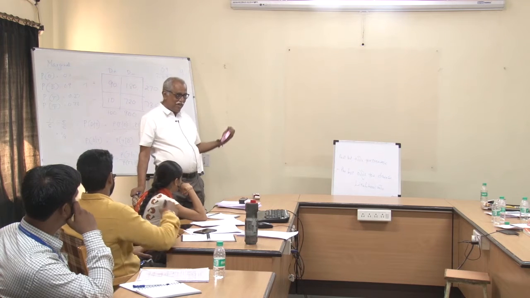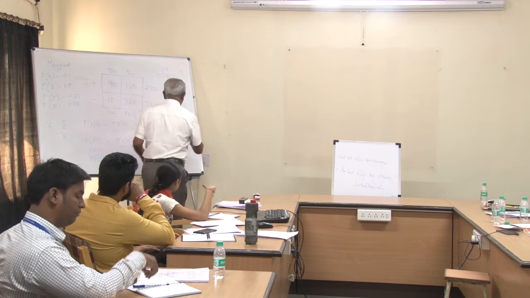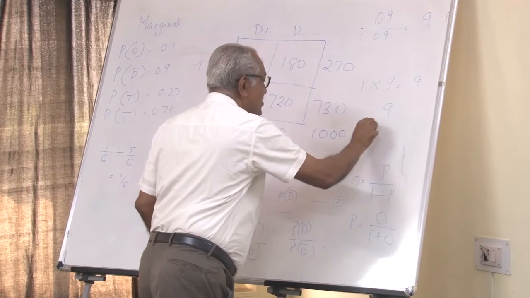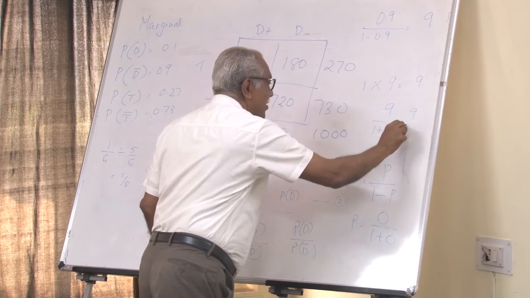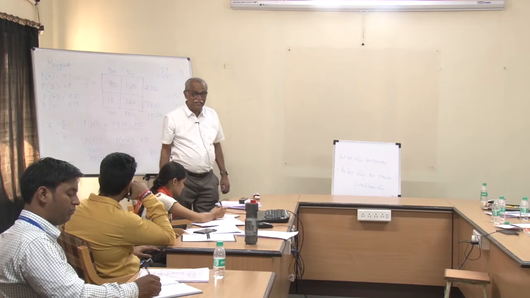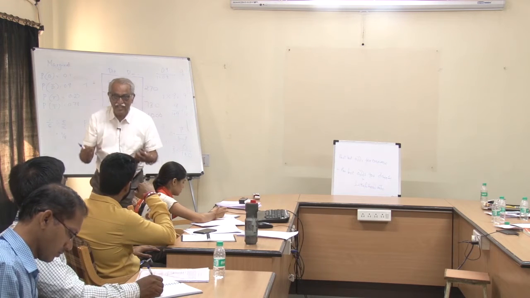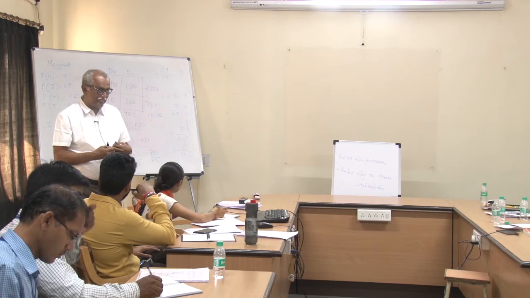Now I want to convert it back to probability. Odds divided by 1 plus odds is equal to 9 by 10. That is 90%. So now I'm 90% sure, certain, this guy has got typhoid.